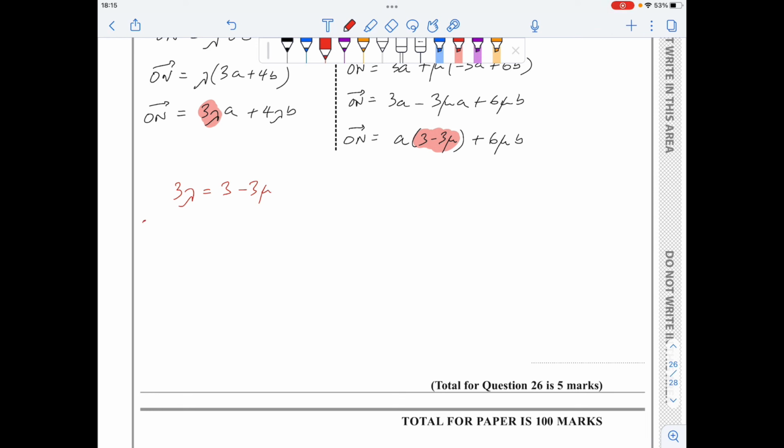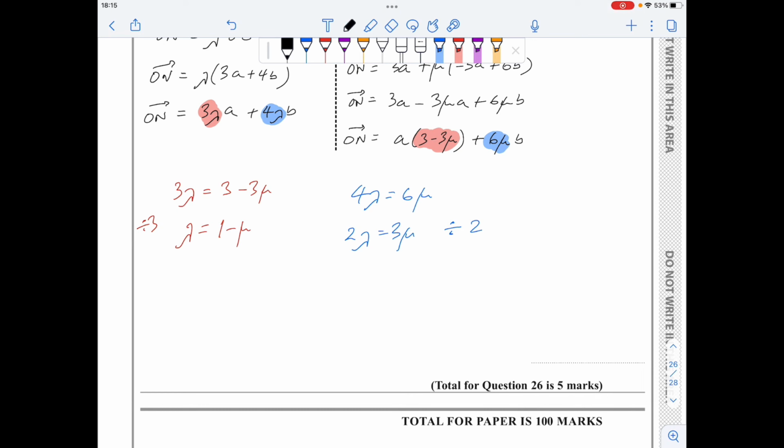I can divide this by 3 to get lambda equals 1 minus mu. Similarly for the B's, I've got 4 lambda on the left, I've got 6 mu on the right, so 4 lambda equals 6 mu, and I can divide this by 2 to get 2 lambda equals 3 mu.